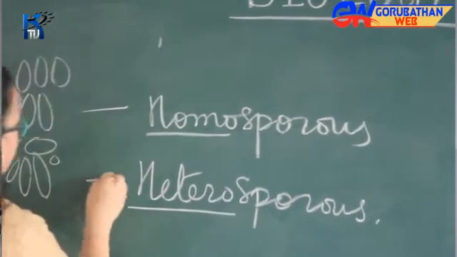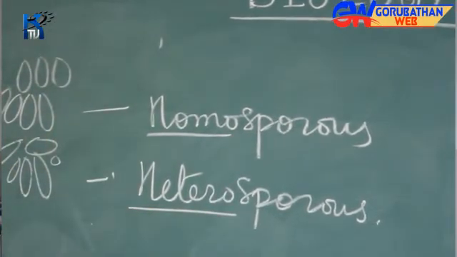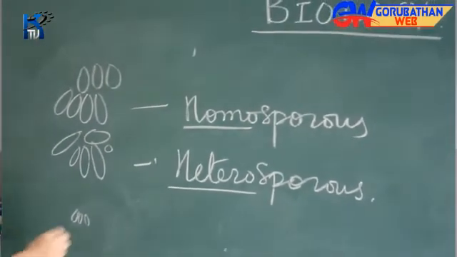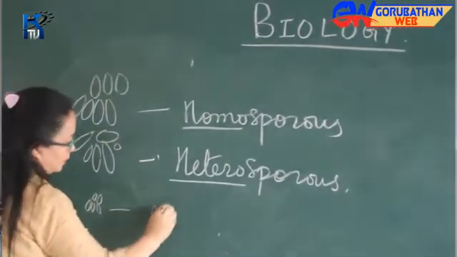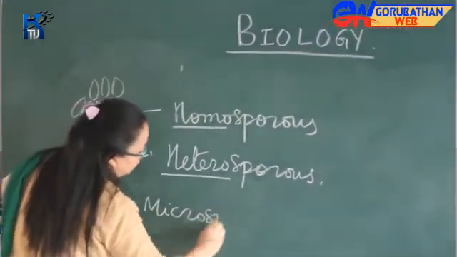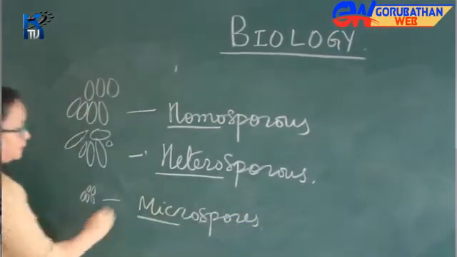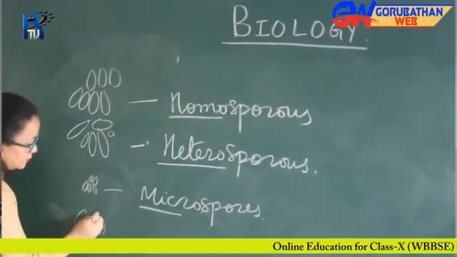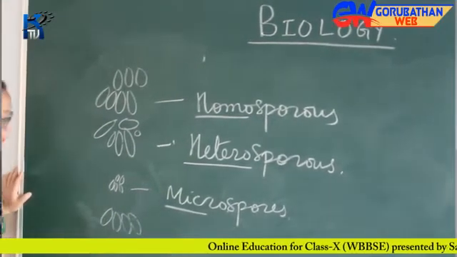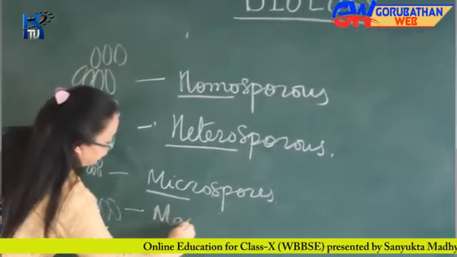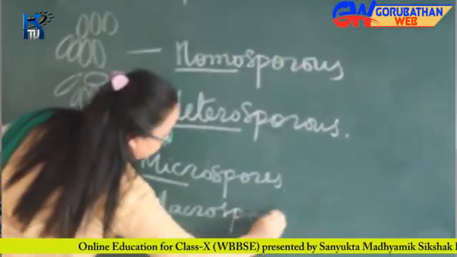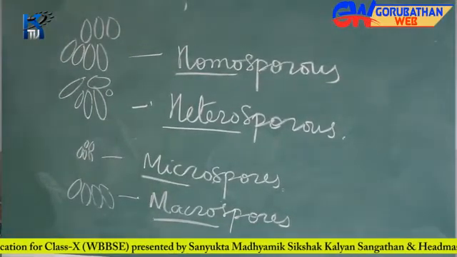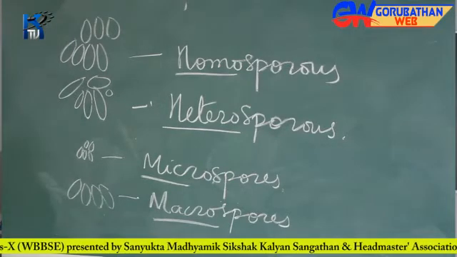Hetero means different. Sometimes spores are very minute, so that time it is called microspores. Micro means small, and sometimes you'll find a large type of spores. That time it is called macrospores. Macro means large.